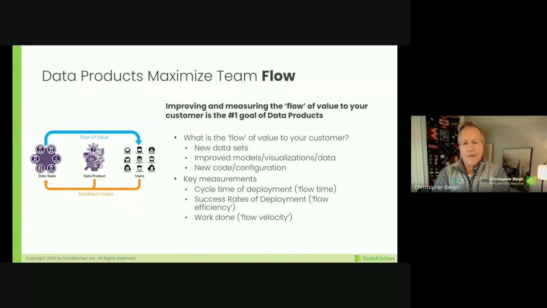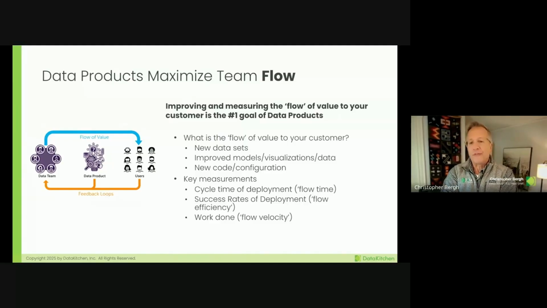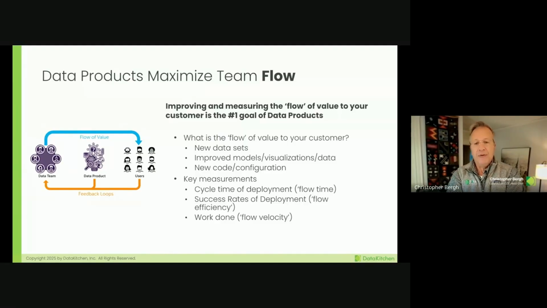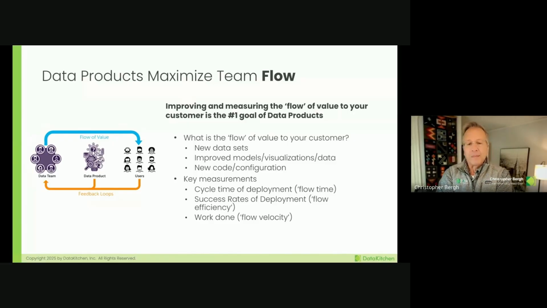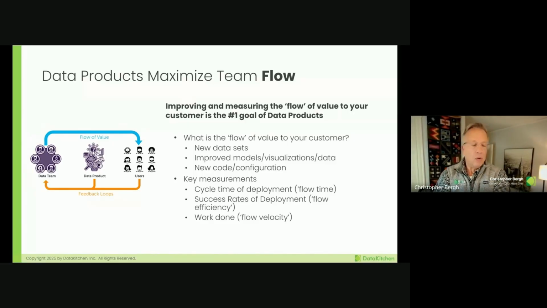And that's all measured as code and configuration, right? And I think it's also trust. You can have a new data set, but if your customer doesn't trust it. And how do you measure this flow? Well, it's cycle time, which is how long it takes to bring something from the brain of your data engineer or scientist into production or into your customer's hand.